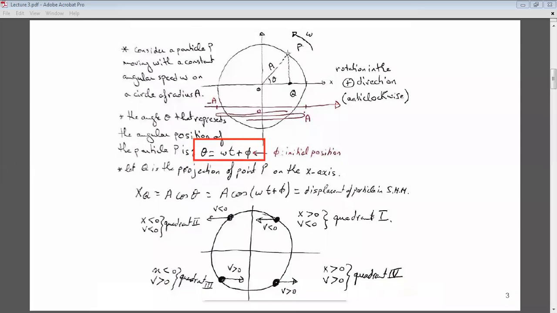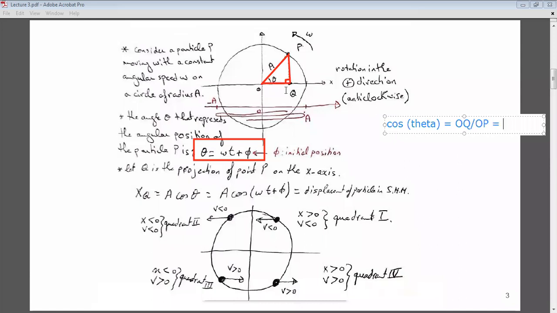Now I know that theta is equal to omega t plus phi. If I make the projection of P along the x-axis, and I look at this triangle OPQ, it's right-angled at Q, right? So if I take the cosine of angle theta, it's the adjacent side, which is OQ, divided by the hypotenuse, which is OP.